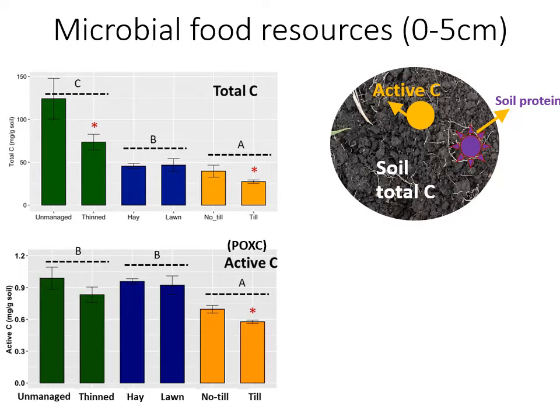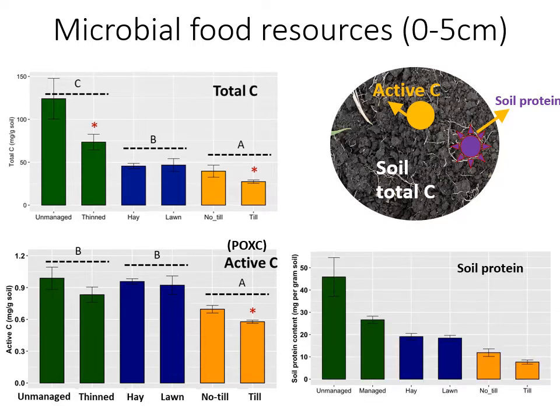We also quantify the active carbon pool using the permanganate oxidation method. First, you can see based on the y-axis that POX carbon is a very small fraction of the total carbon, only about 1%. And then we can also see that cornfields in general have lower active carbon than the other 2 land uses.